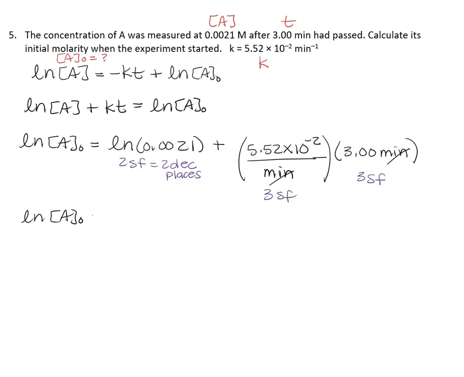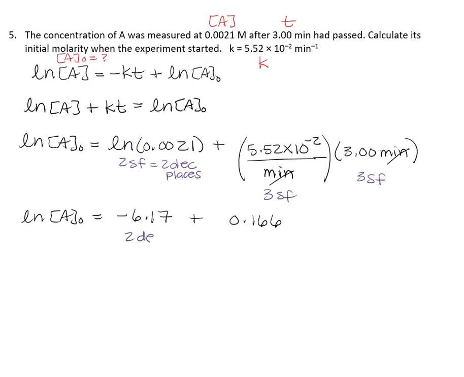ln A naught equals natural log of 0.0021, negative 6.17. That's our 2 decimal places, plus 5.52 times 10 to the negative 2 times 3, 0.166. Because the next step is addition, we need to see what these look like in terms of decimal places.